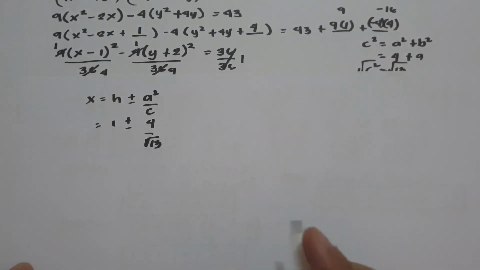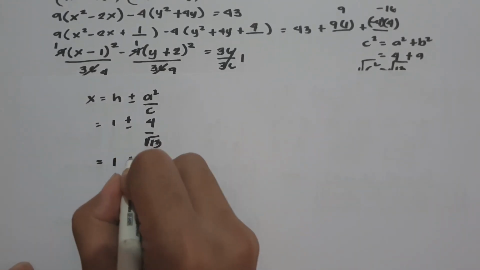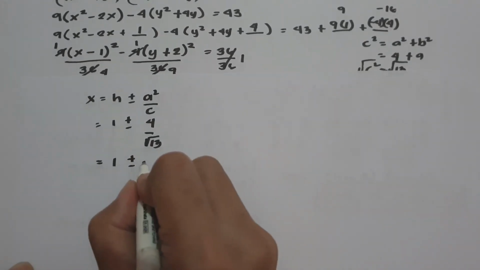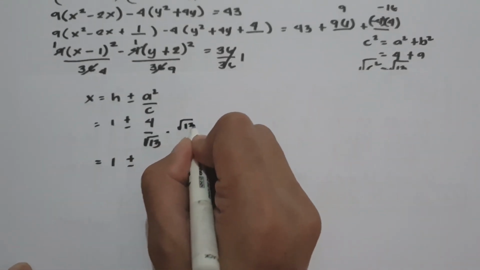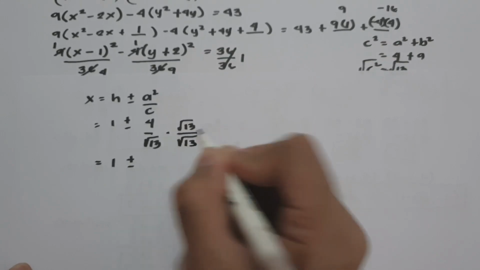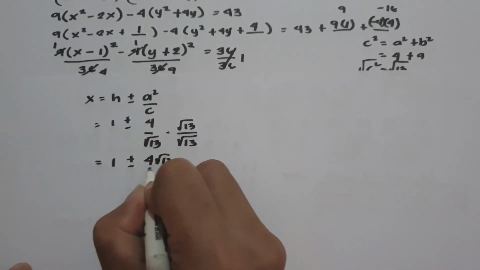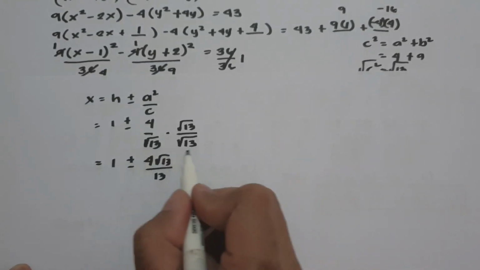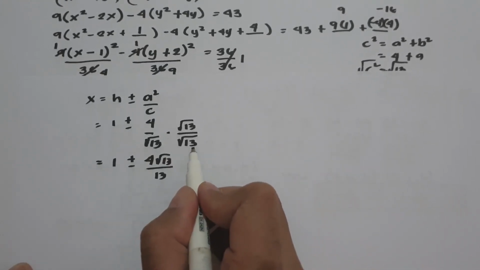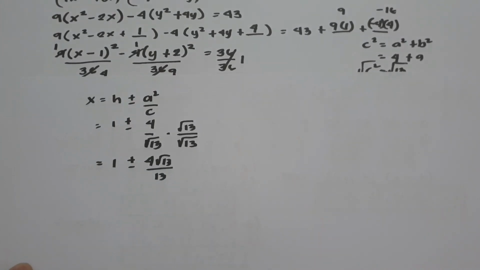So let us simplify. Let us have 1 plus or minus 4 over square root of 13. Let us rationalize this one by multiplying the numerator and denominator by square root of 13, it will give us 4 square root of 13 over 13. That is 13 times 13 is 169, and the square root of 169 is 13.